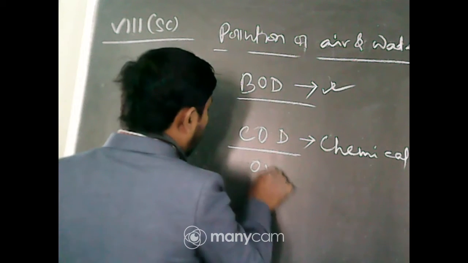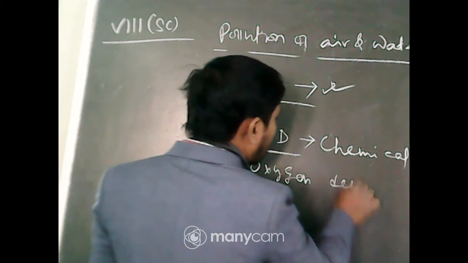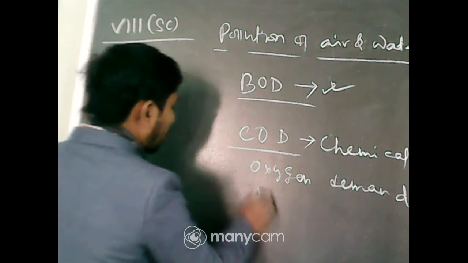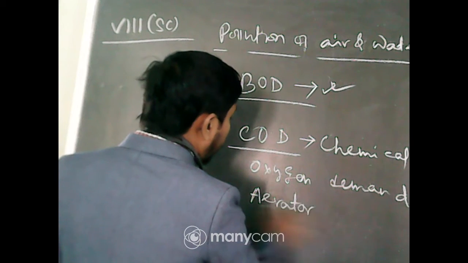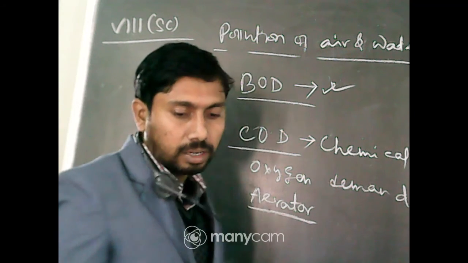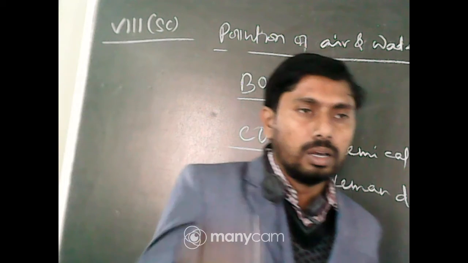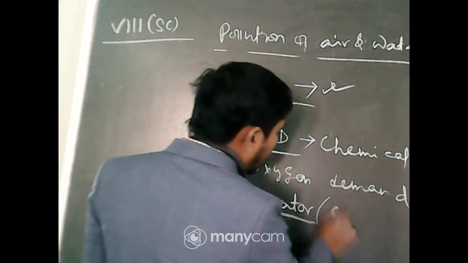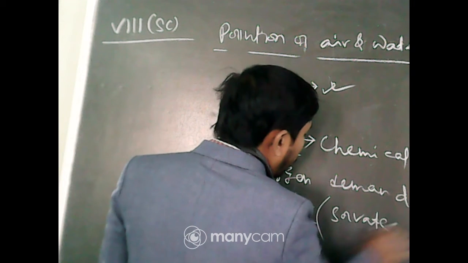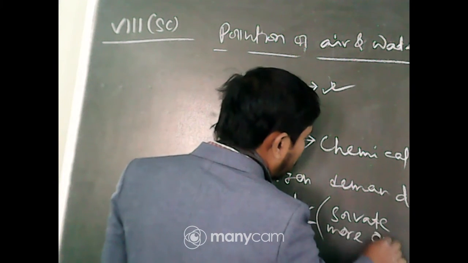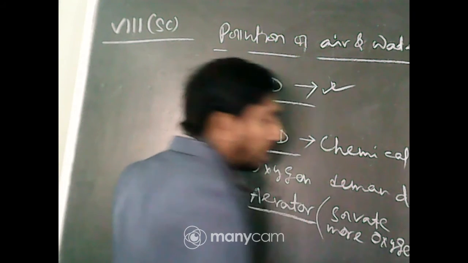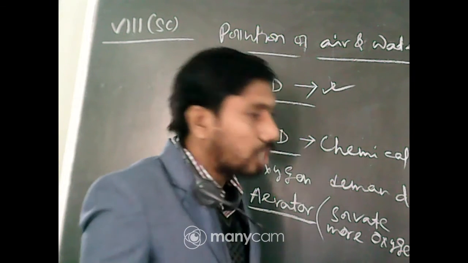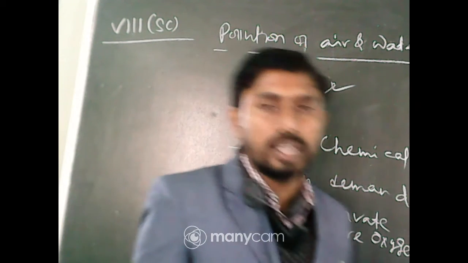Chemical oxygen demand. Now just remember once the role of the aerator in the wastewater treatment plant. What does it do? It dissolves more oxygen, and helps grow the microbes that oxidize the organic compounds in it.